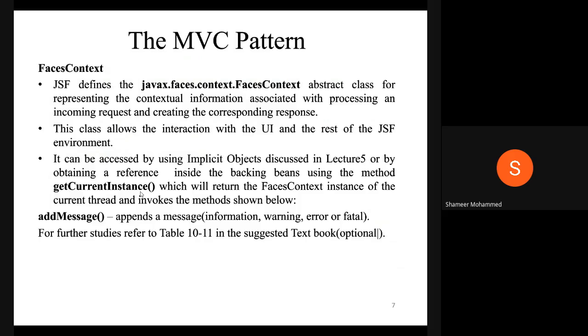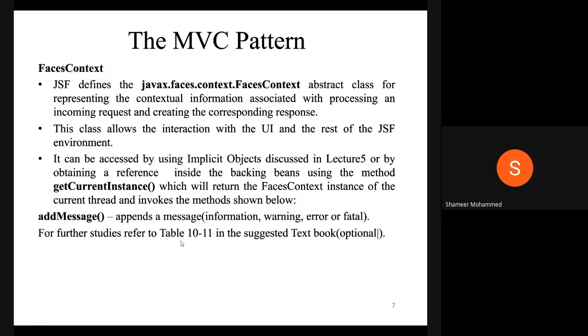If you have this current instance, then only we can display some messages with the help of this method, add message. What type of message you want to display, whether it is a warning to the user, an error, or information to the user. Let us see this more clearly in the next slide.